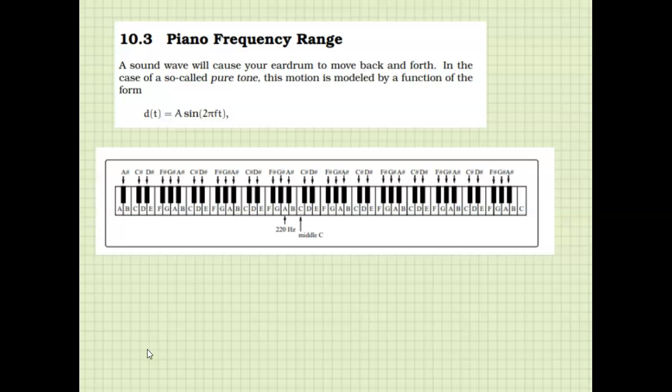In the case of a so-called pure note, this motion is modeled by a function of the form d equals a sine of 2 pi f t. This is a trig function, and we'll probably look at this in one of the later chapters. In this example, we're going to look at how the frequencies are related to each other.